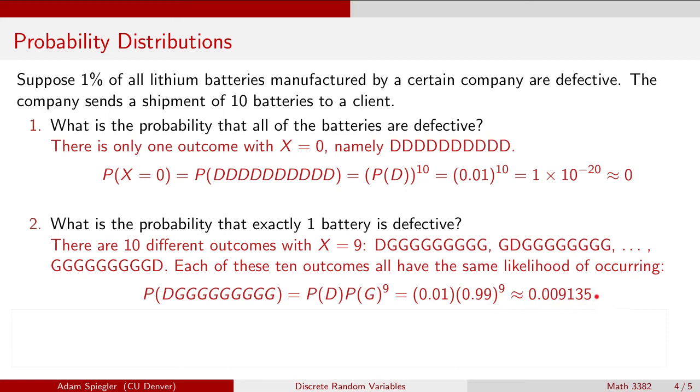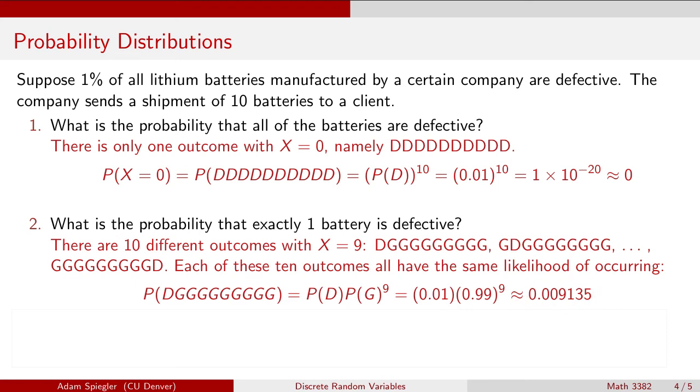That gives us approximately 0.009135 as the probability of just this one outcome occurring. And if we change the position where the D is, it's not going to change the probability of that event occurring. So depending on where we put the D in this sequence, they're all going to have the same probability.